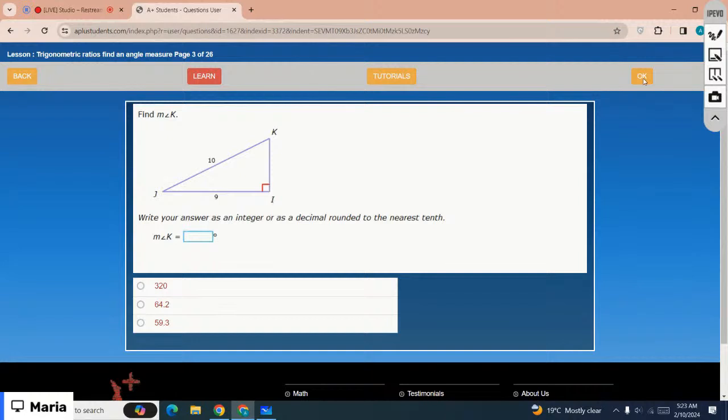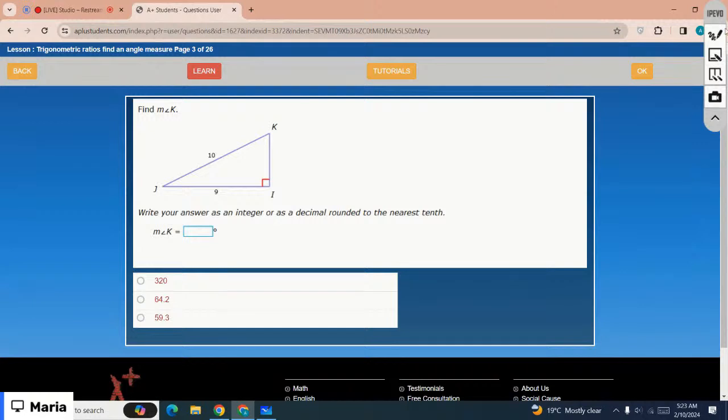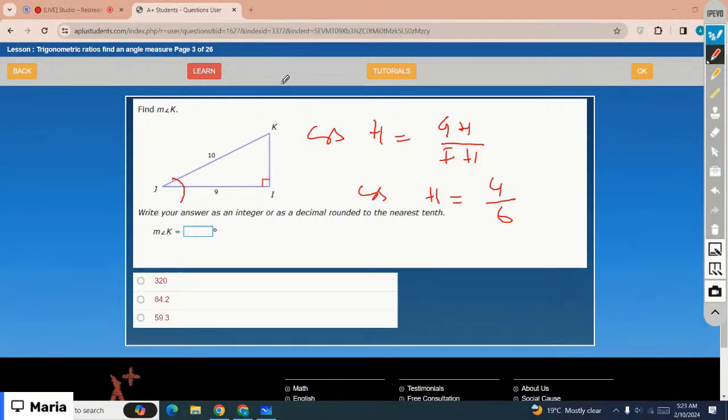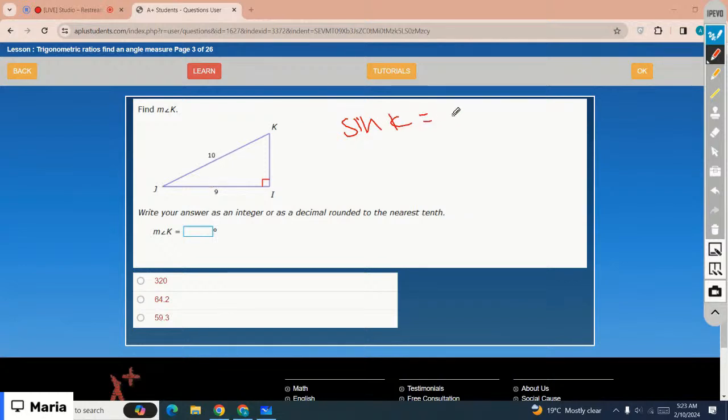Let's just calculate the K. Sine K is JI divided by JK.